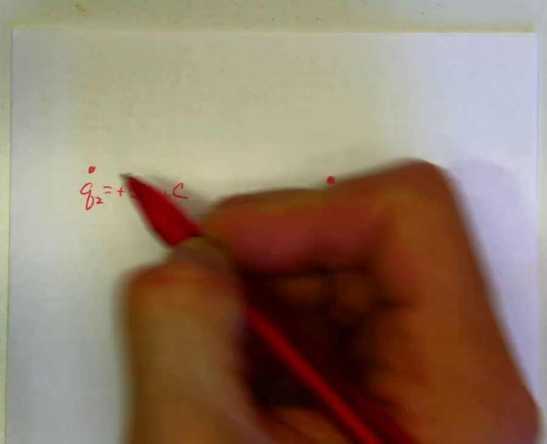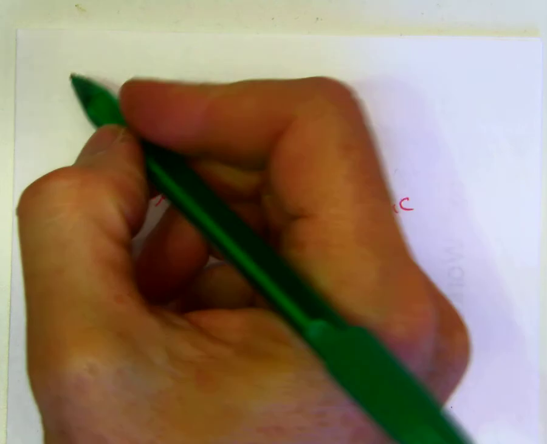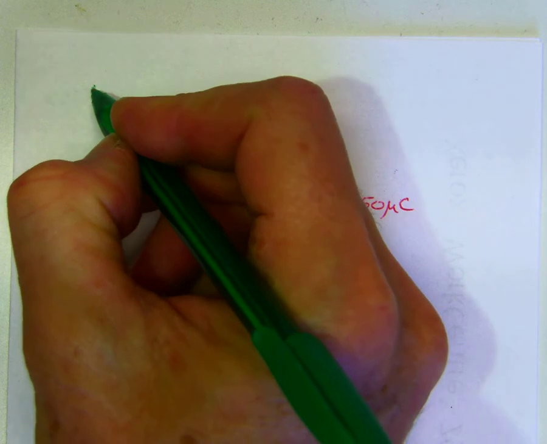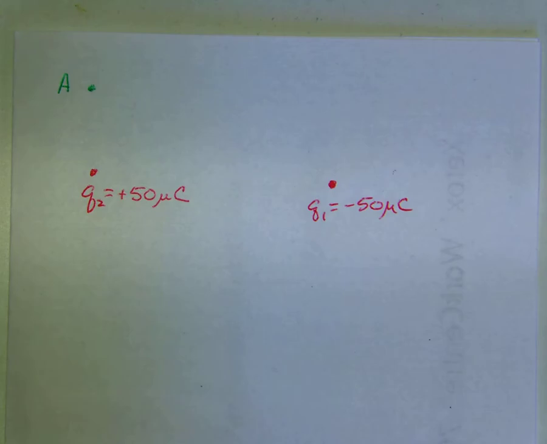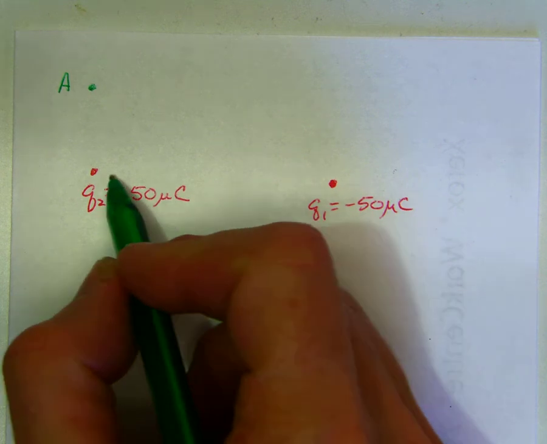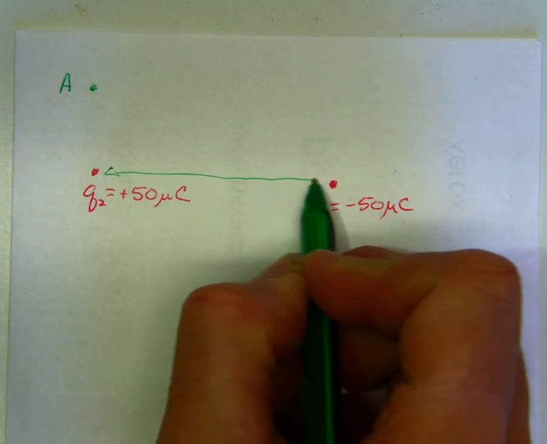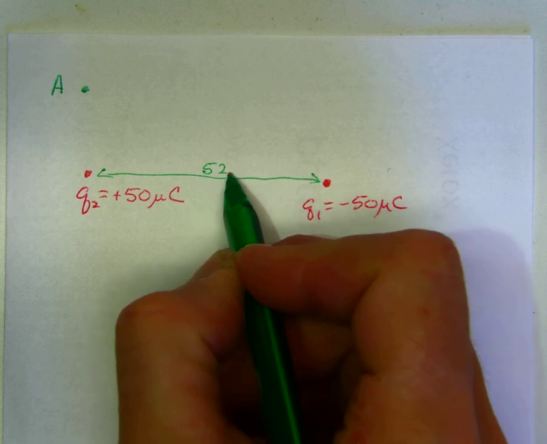All right. What we want to do here is find the force at point A. Now we've got some distances here. The distance between these two is 52 centimeters.